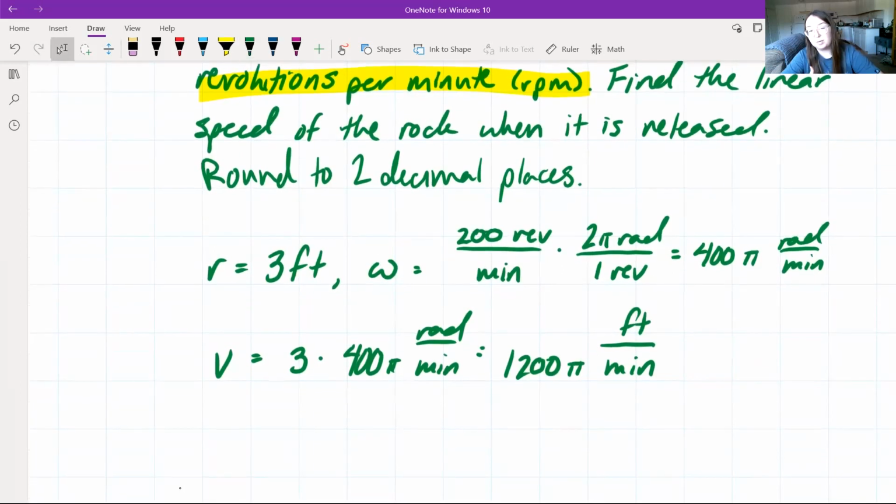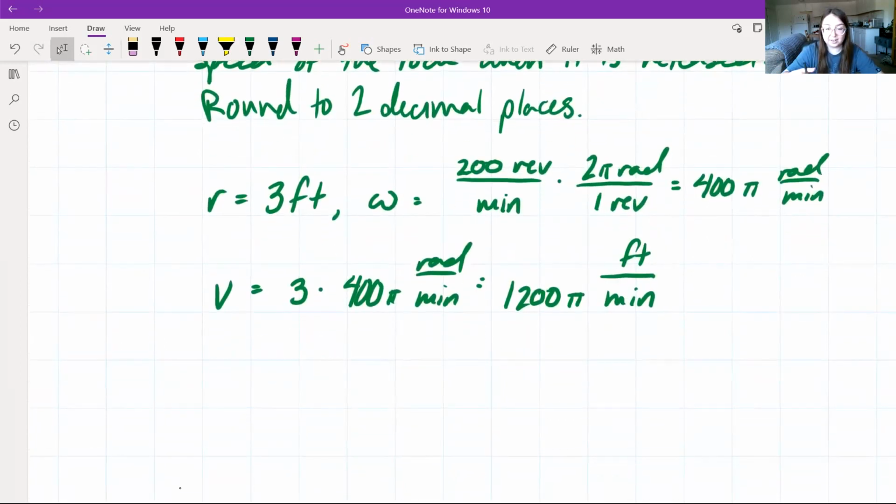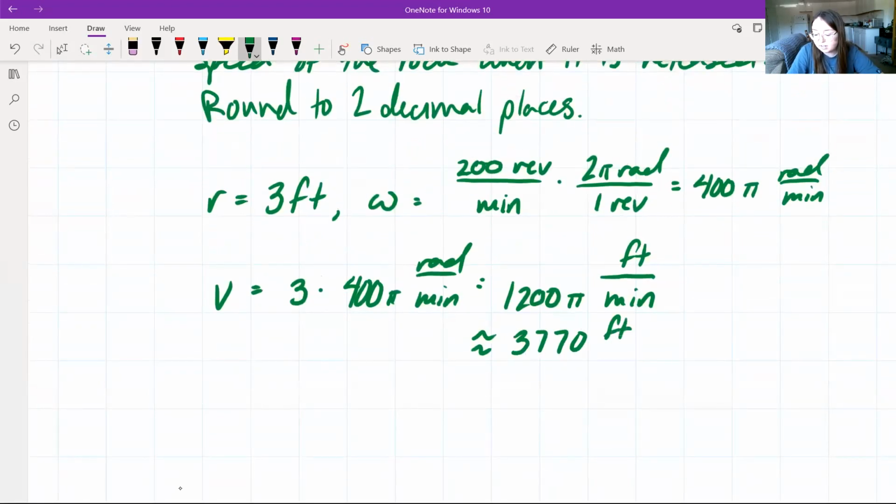And we want to find the actual value. We don't really want our answer to be in terms of pi. So we're going to use a calculator, and we multiply 1200 times pi. This is going to give us 3,770 feet per minute.